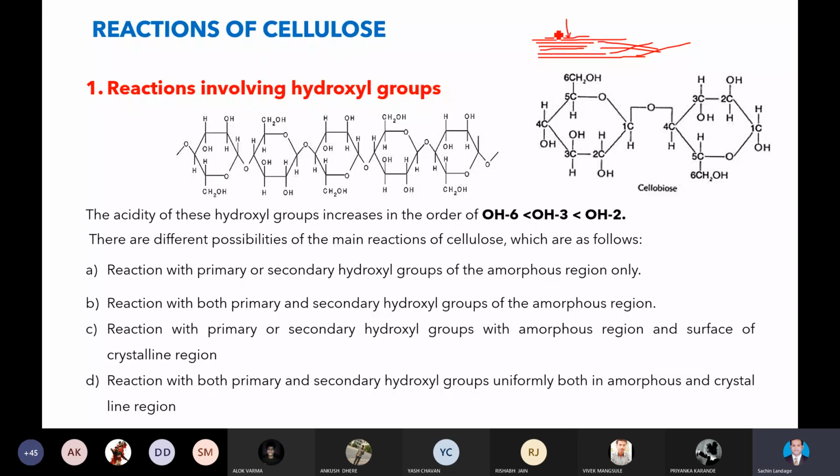So this is the crystalline region which I have shown over here. On this particular surface, whatever primary or secondary hydroxyl groups are present over there, they will react. I have not used the term crystalline region, only the surface of the crystalline region.